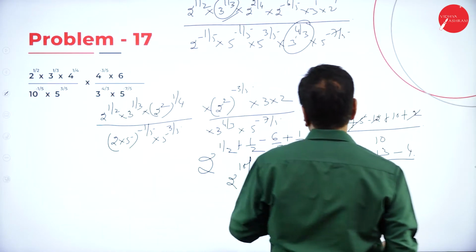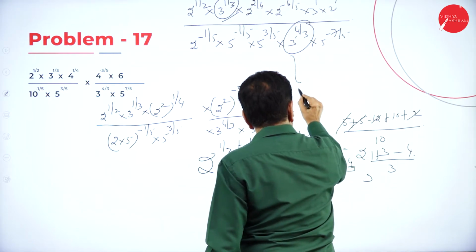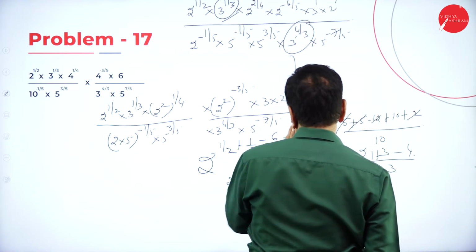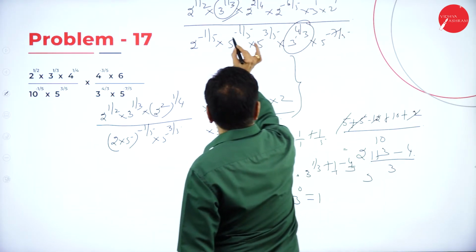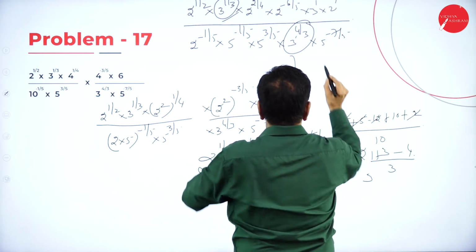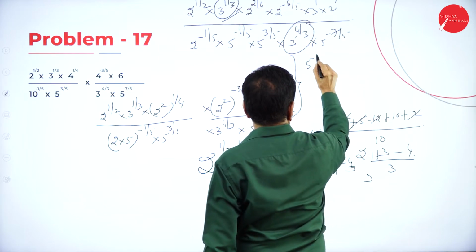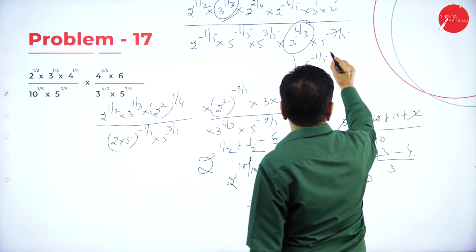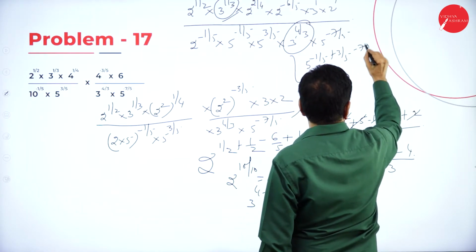Here 2, this one. What is left over? 5. Slowly. So 1 we got 2, 1 has got 1, 5. Here no 5 is there. Here see that? 5 to the power of bottom here minus 5 plus 3 by 5 minus 7 by 5.